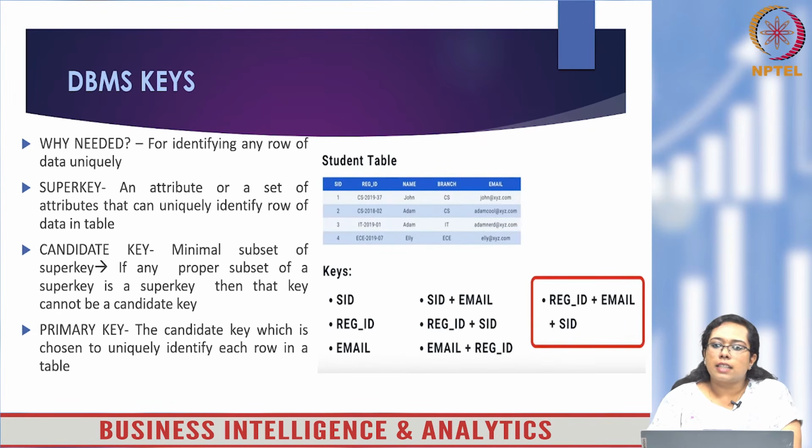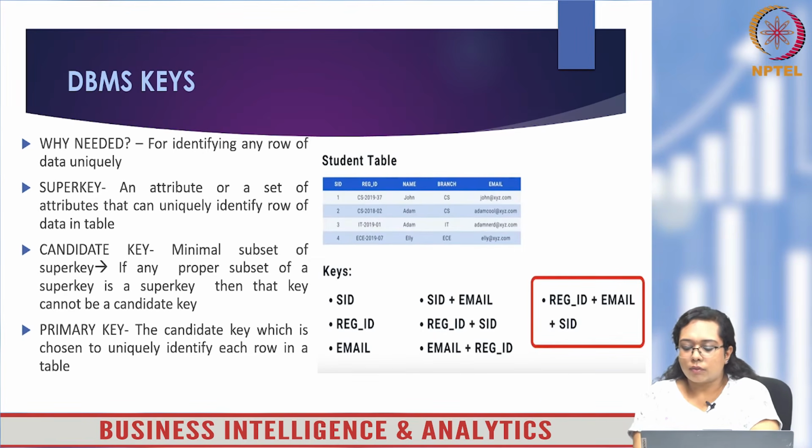What is a candidate key? A candidate key is a minimal subset of a super key. For example, if any proper subset of a super key can also identify rows uniquely, then the larger key cannot be a candidate key. What I mean to say is that it need not be the case that we select multiple attributes for uniquely identifying, when it can be done by a single attribute. For example, here the student ID itself can identify the table uniquely.